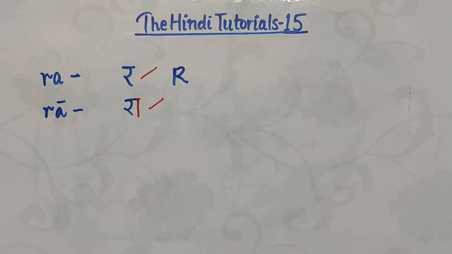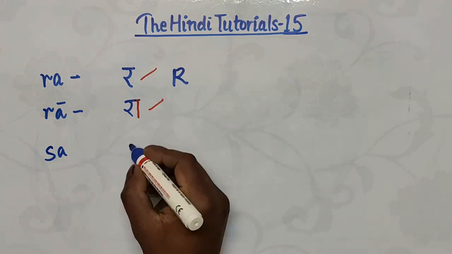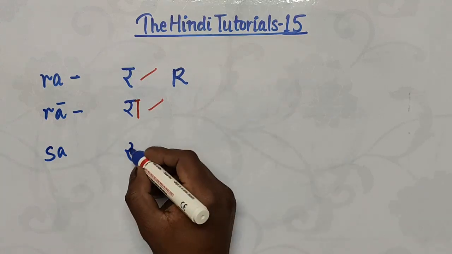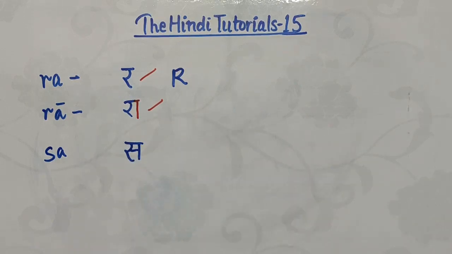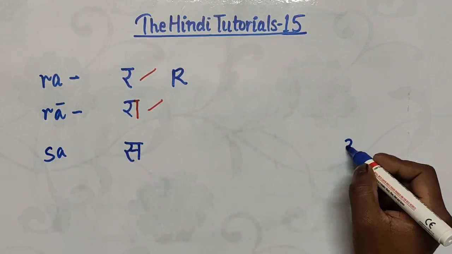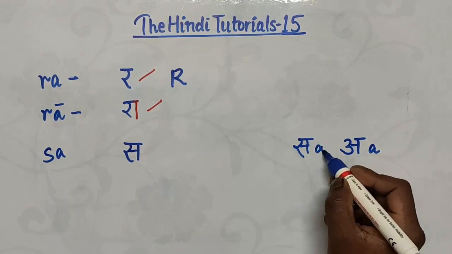Okay? The next consonant is s. S is pronounced the same as the English S, and it is written quite similar to the r: a horizontal stroke, a vertical line, and then the shirorekha. Just don't confuse s with a, because this is a and this is s.